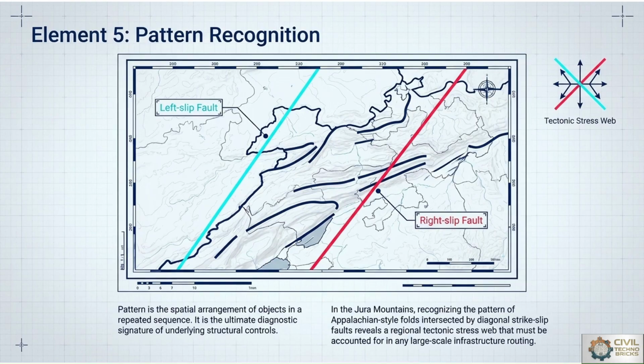For the case study point of view, in the Jura Mountains, recognizing the pattern of Appalachian style faults intersected by diagonal strike slip faults reveals a regional tectonic stress wave that must be accounted for in any large scale infrastructural routing. That explains the fault planes and the patterns of the rocky layers.